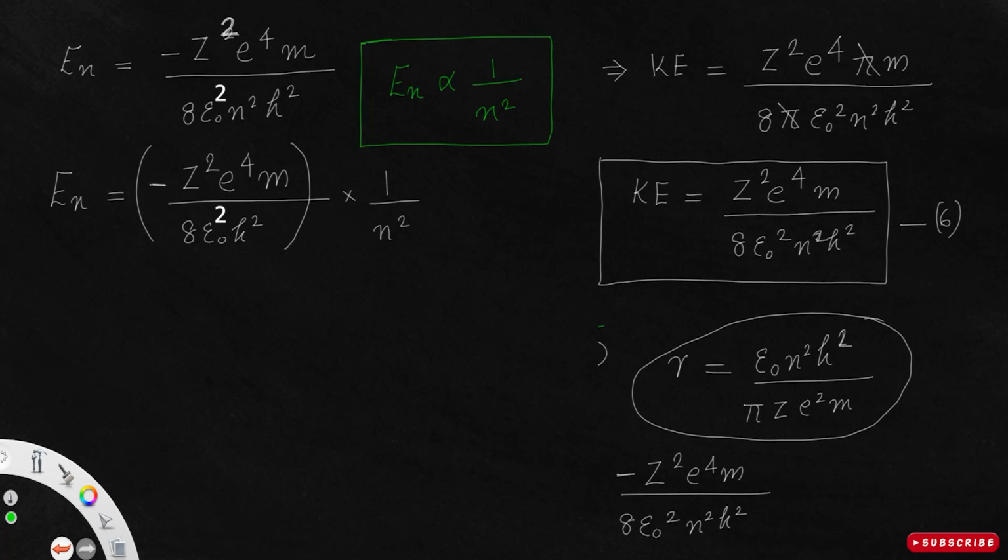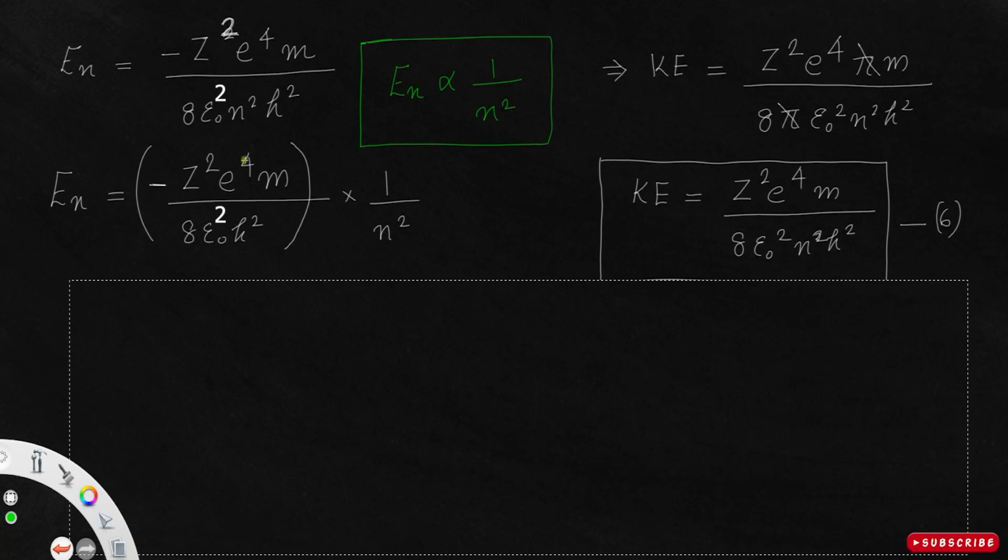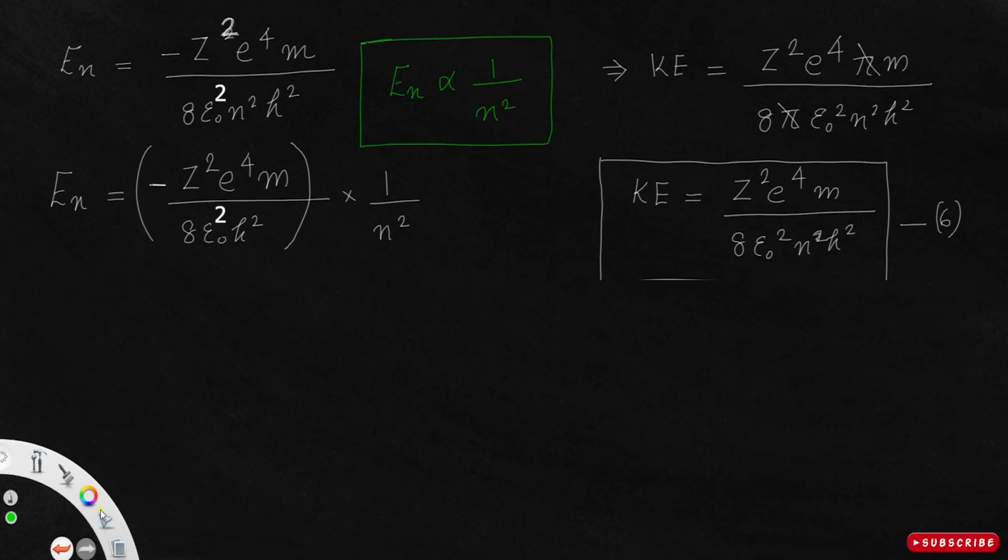Now we have energy in the nth orbit En equal to minus, for hydrogen we have Z equal to 1.